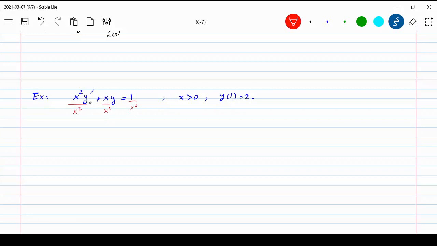By doing this, I can write this equation as y' plus (x divided by x squared, which is 1 over x) y equals 1 over x squared. And now I have p(x) equals 1 over x and q(x) equals 1 over x squared.